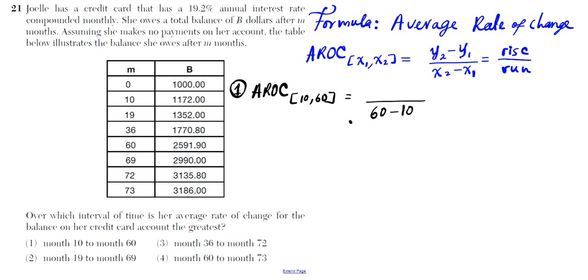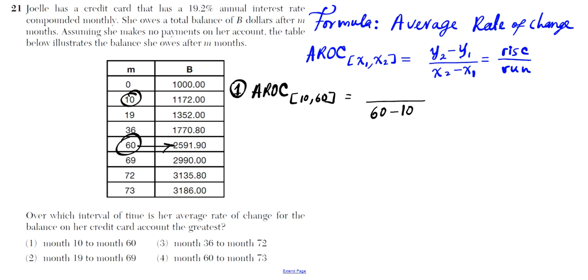And then y2 is the output when x2 is 60. So you have 60 going to 2591.9, and then you have 10 going to 1172. If this is x1, then this is y1. You just pair them up like coordinates, x2, y2 for option 1.